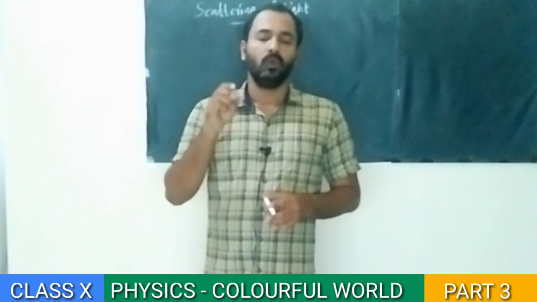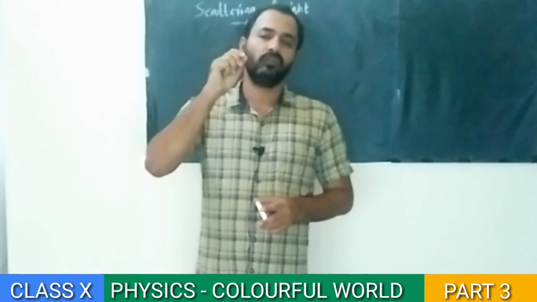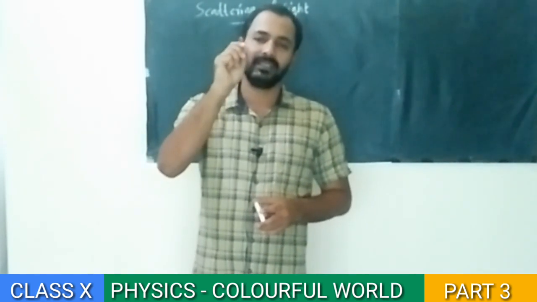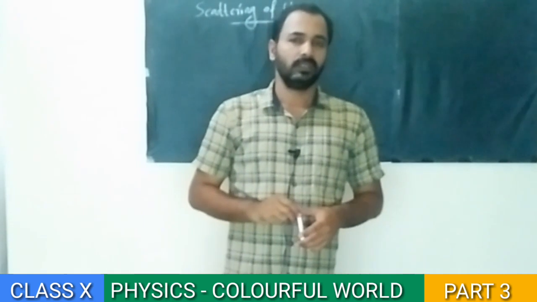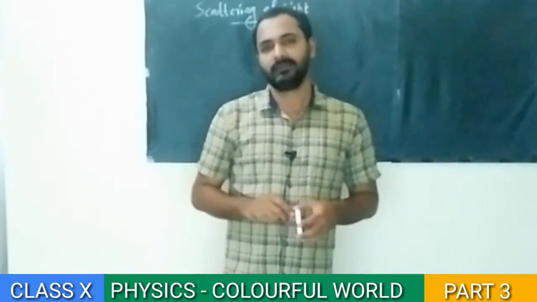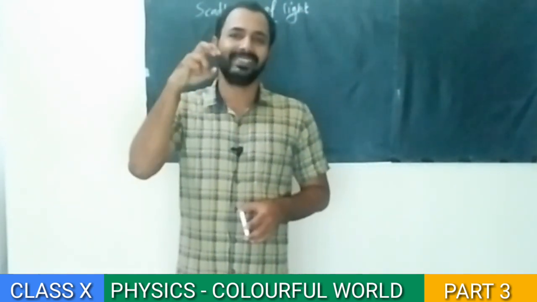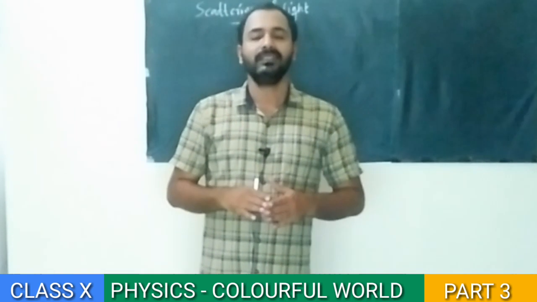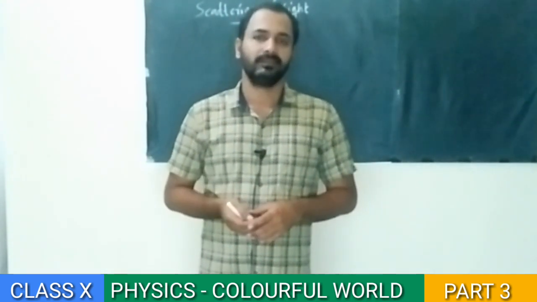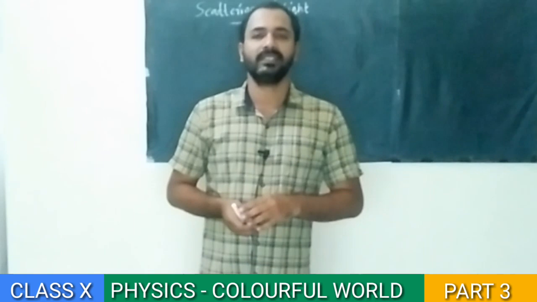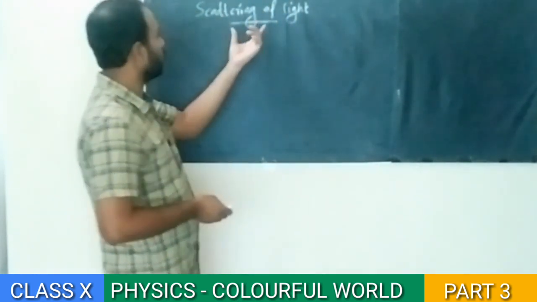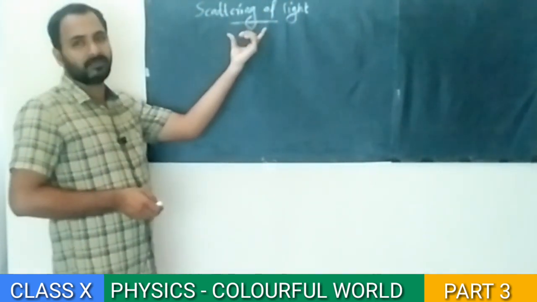For example, when a beam of light falls on a small particle in the atmosphere, for example a dust particle, it scatters. That phenomenon is called scattering of light.